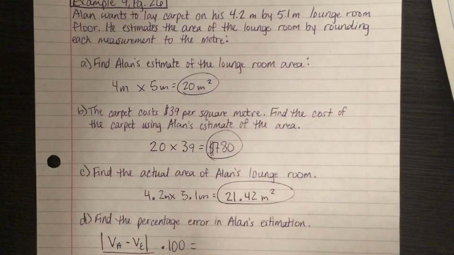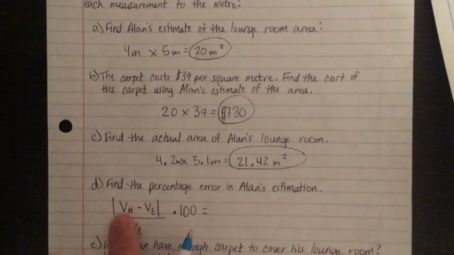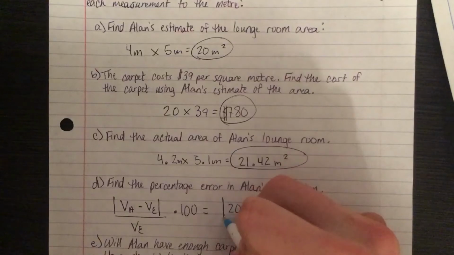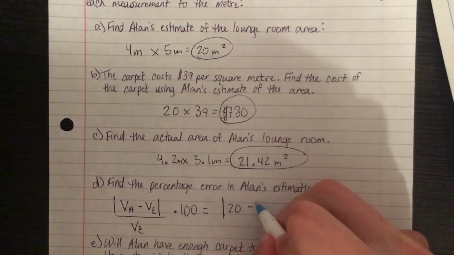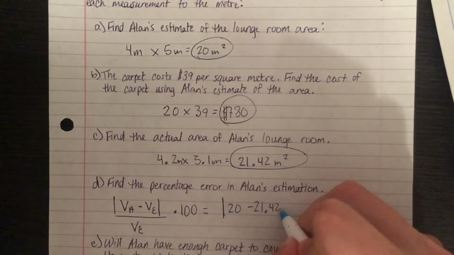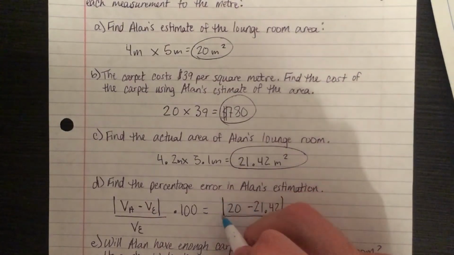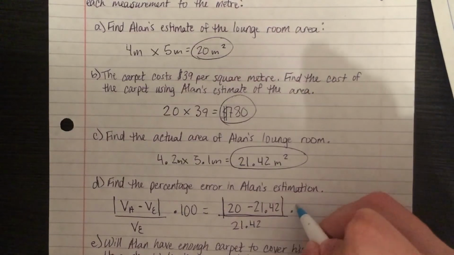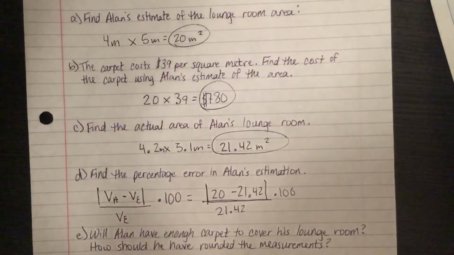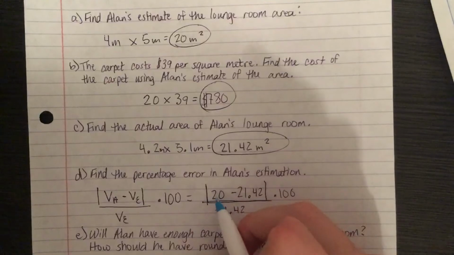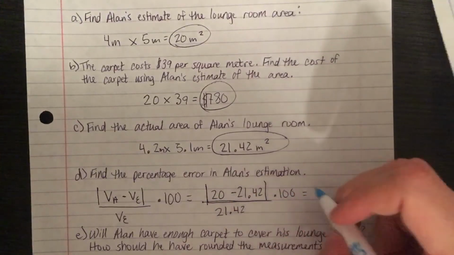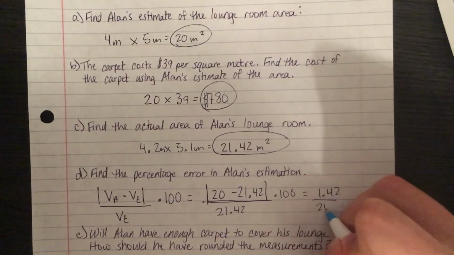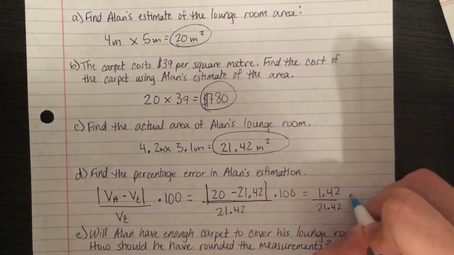So Alan's approximate area here was 20. That's what he calculated there. So we're going to say the absolute value of 20 minus 21.42, over 21.42, and then multiply that times 100. So 20 minus 21.42, the absolute value of that is going to be 1.42 over 21.42 times 100.